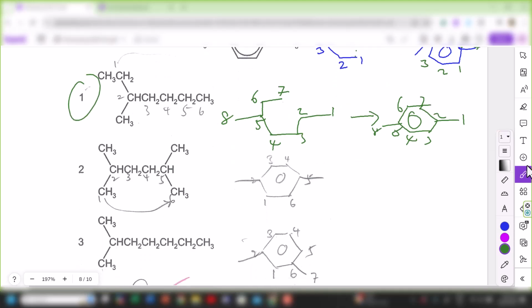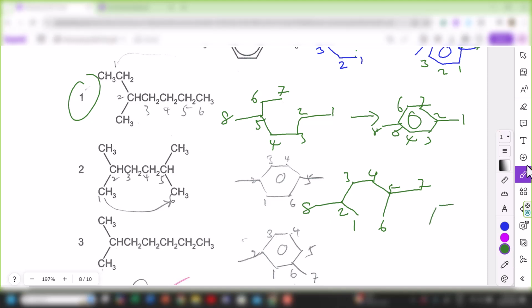What about for 2? For 2, I think again it should be relatively straightforward. So 2 will look something like this. Again I'm going to number it 1, 2, 3, 4, 5, 6, 7, 8.